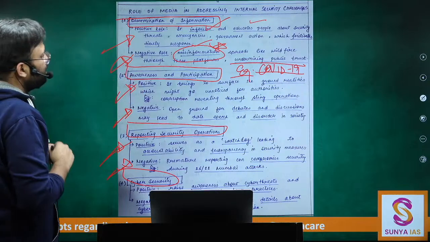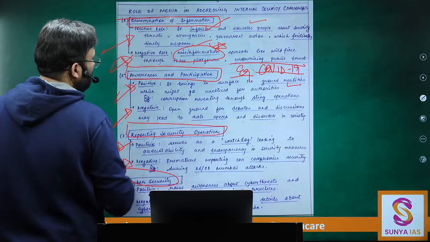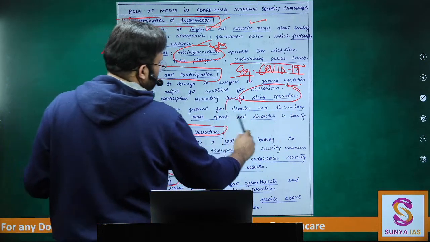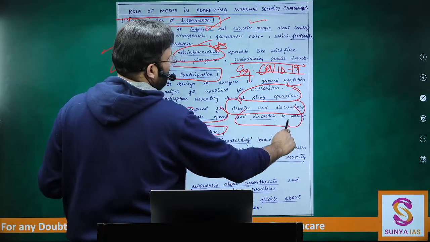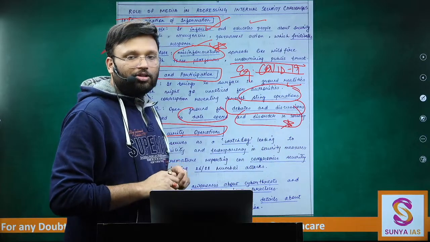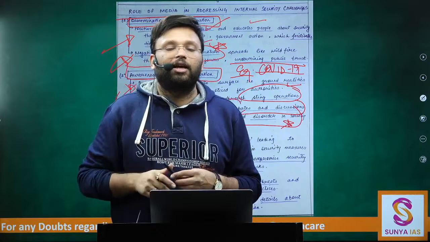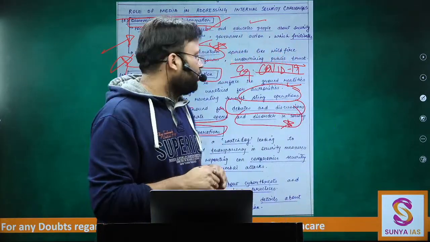Awareness and participation, positive, it brings to surface the ground realities. Sting operations are there. Negative is open ground for debates and discussion, may lead to hate speech and disorder in society. So there are also certain media organizations that are using their free speech to enhance the internal security issues.